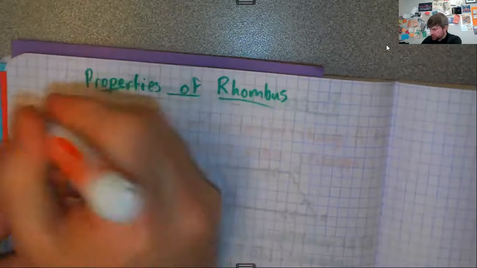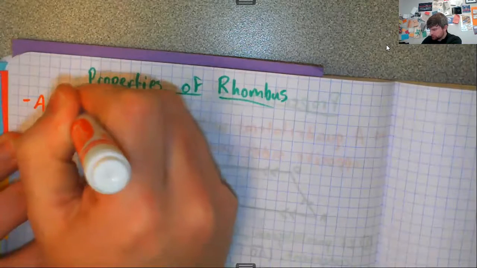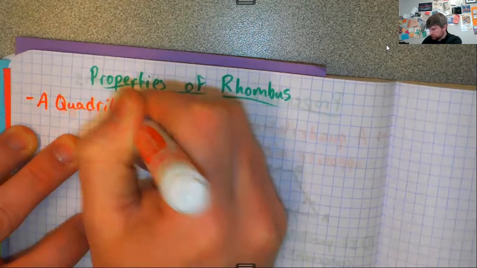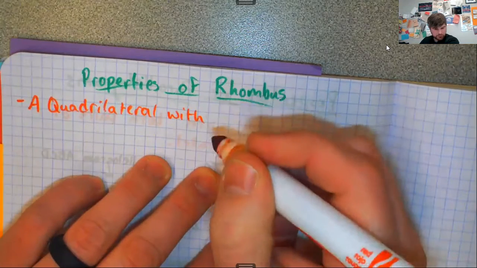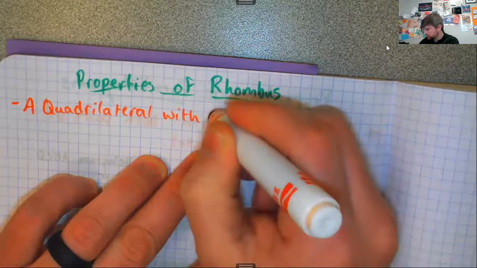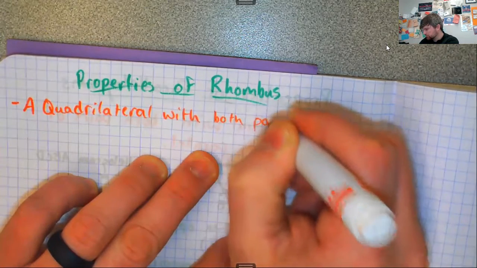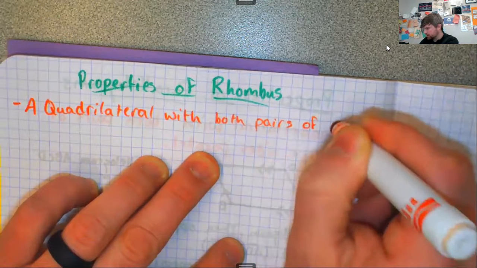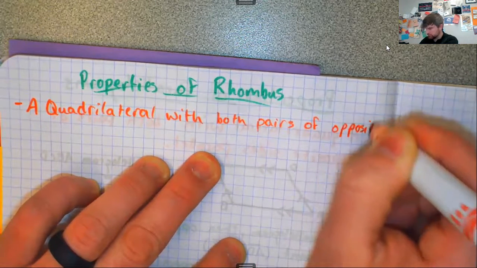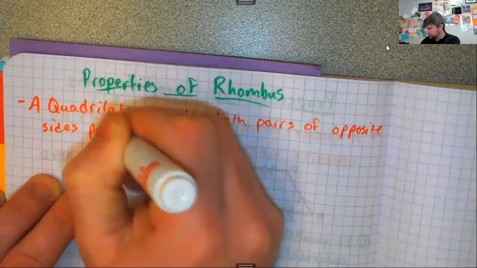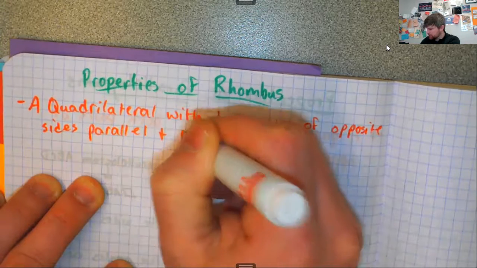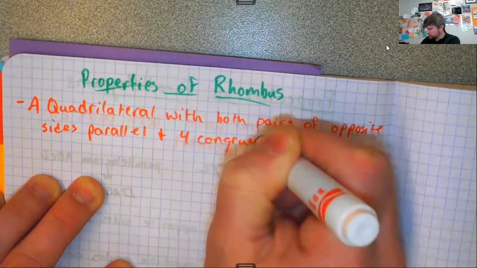Maybe the definition here: a rhombus is a quadrilateral with both pairs of opposite sides parallel and 4 congruent sides.